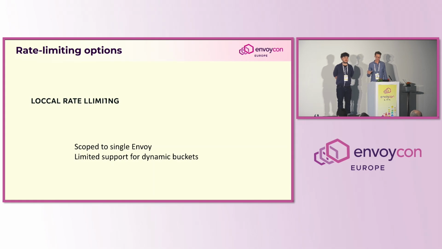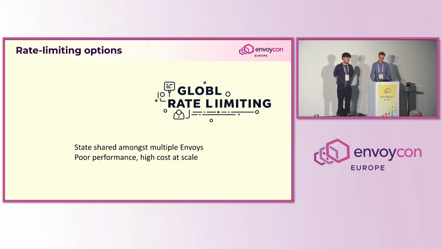I think the default is like 20 or something. And this limitation makes it impractical to support common perimeter use cases where you might have dynamic buckets with high cardinality. So all in all, local rate limiting works pretty good, but it doesn't support common perimeter use cases like IP-based rate limiting or user-based rate limiting.